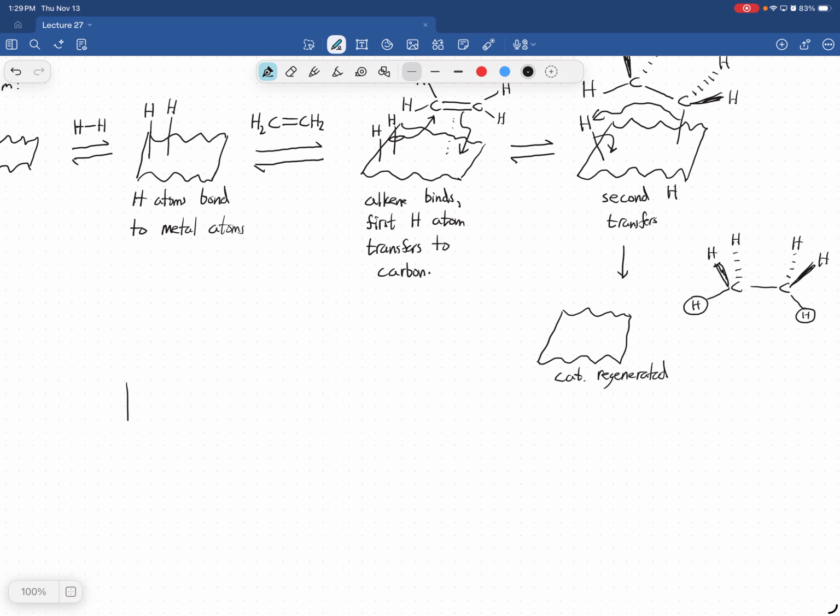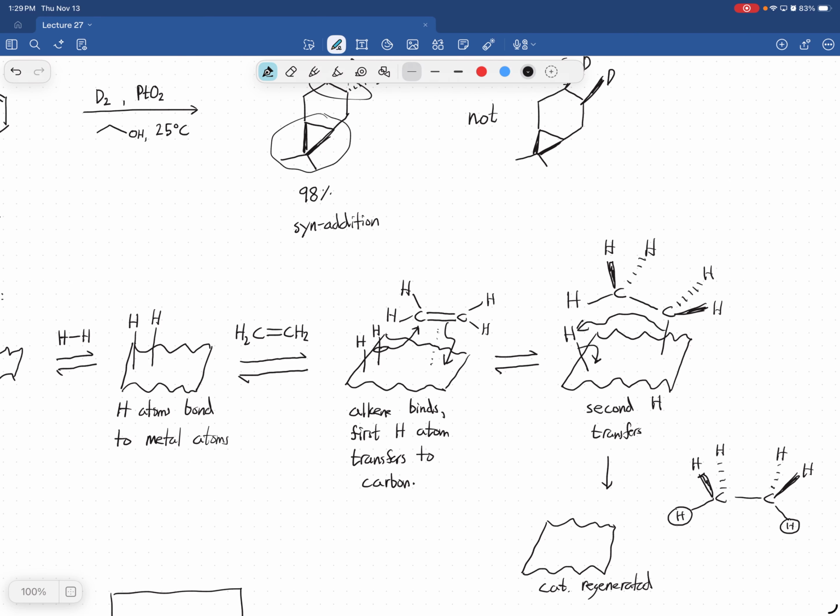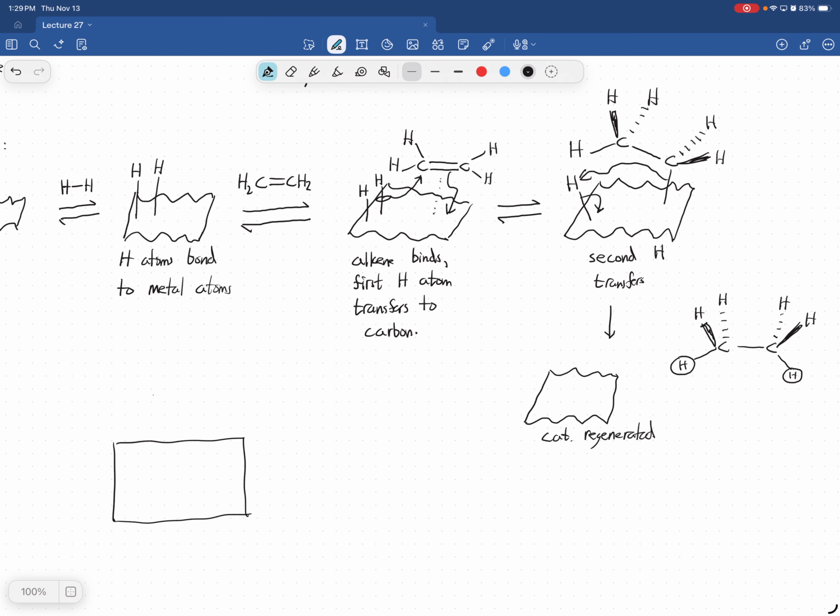So imagine we have our metal surface here, right? All right. So your cyclohexane, it looks like this, right? Well, if this is sticking outward like this, right, this is going to interfere with the metal surface, okay? So what it has to do, it has to flip over.